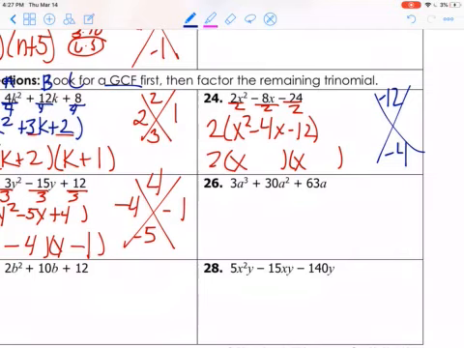Things that multiply to be negative 12 would be 1 and 12, 2 and 6, and 3 and 4. 2 and 6 is going to give us 4, and the negative needs to go with the 4. Oh my gosh, so it's minus 4 plus 2. Oh my gosh, I wrote the wrong number. I apologize. Minus 6 for both.